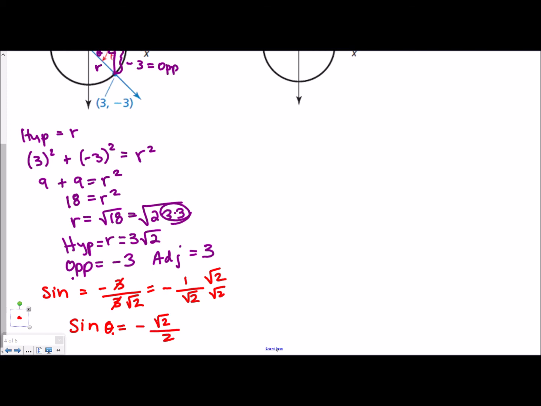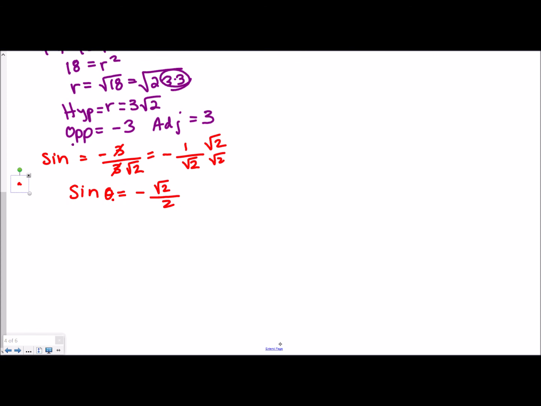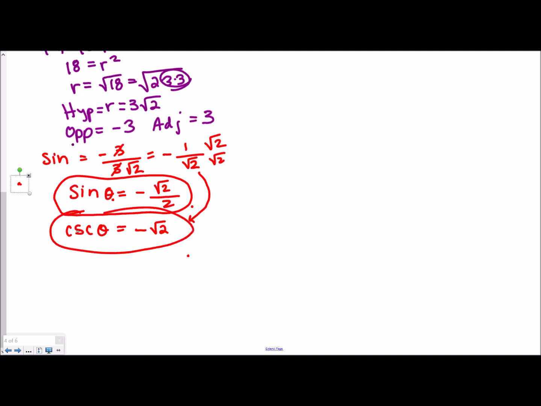Okay, there's sine. Now let's go to cosecant. Here's sine. Let's circle it to get it done and out of the way. Cosecant, remember, is just the reciprocal of that guy. Now, I'm not going to flip it at the very beginning. I'm going to flip it here before I rationalize it, because it's so much easier just to flip that upside down and say, oh, that's negative square root of 2 over 1, or negative square root of 2.